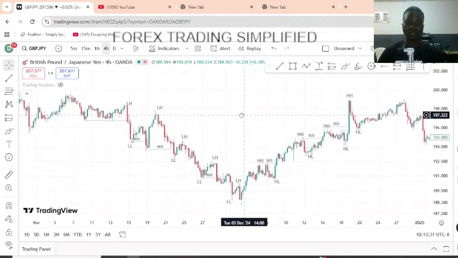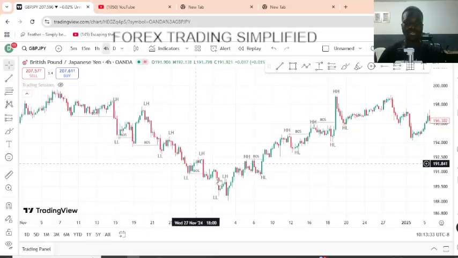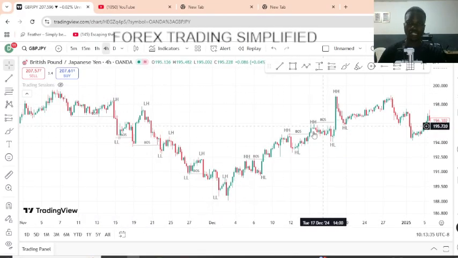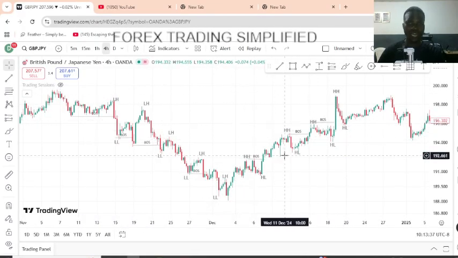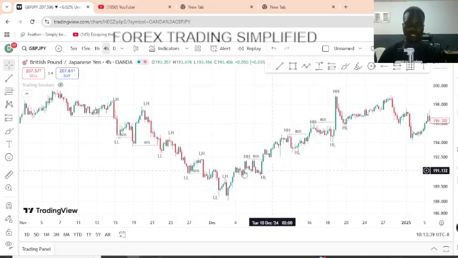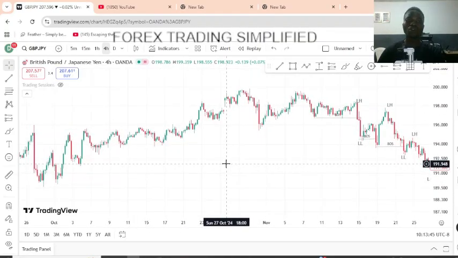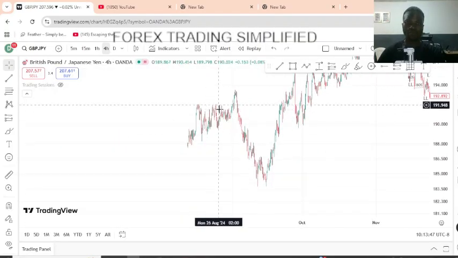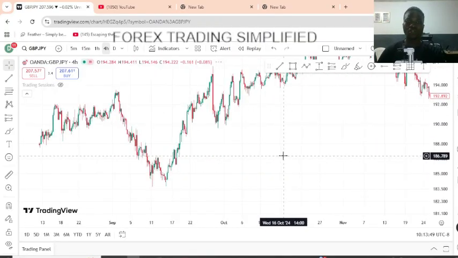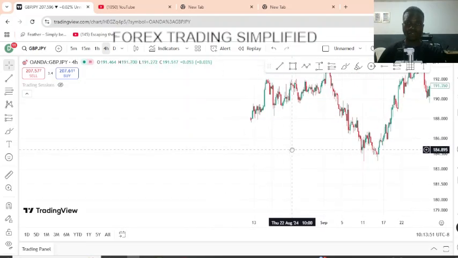And I want to believe that because I have explained the downtrend and the uptrend, and I have spotted our higher lows and higher highs during an uptrend, and our lower highs and lower lows during the downtrend, now let me show you consolidation markets. All right, so let me show you the consolidation markets.